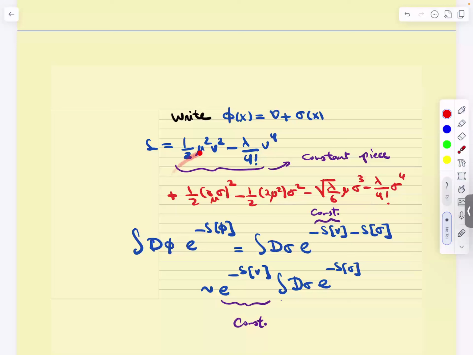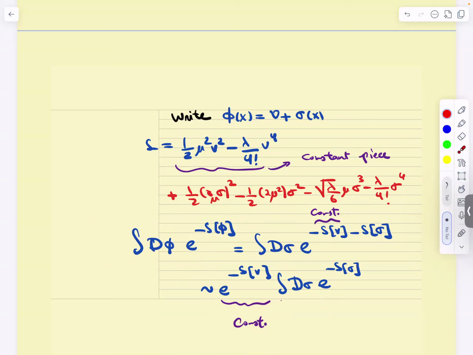Now, if I take this Lagrangian and plug it into the path integral, there will be a constant piece and then a fluctuating piece. I'm doing a path integral over field phi, so I can just do a path integral over sigma, because these are constants. This comes out as a piece. What is the effect of this? This is a shift of W. What is W?